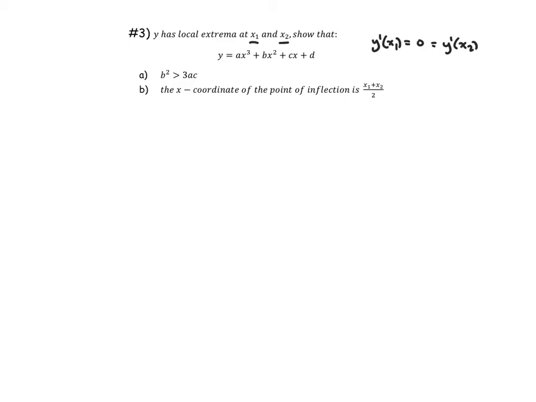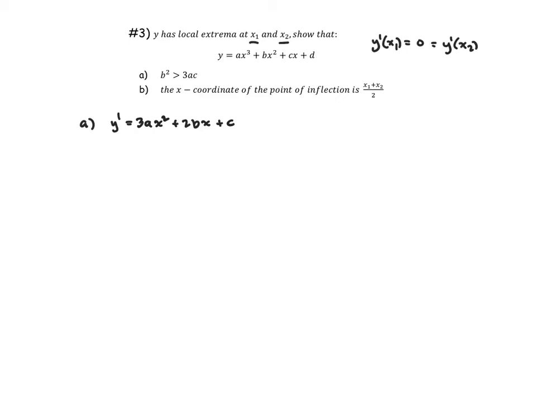Okay, so in part A, it says, show that b squared is greater than 3ac. So first, since we know we're dealing with extrema, we need to find the derivative. So y prime is equal to 3ax squared plus 2bx plus c. Extrema are the zeros of that function.